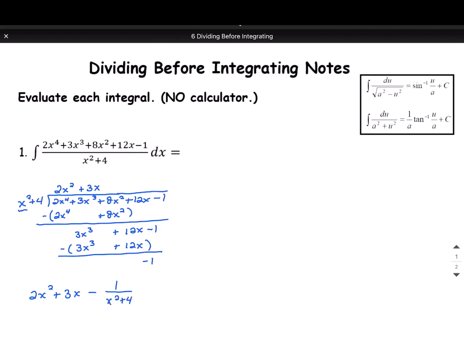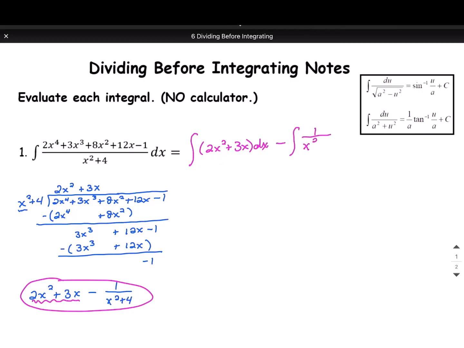Which means now I can take this and come back to my integral and rewrite it. And I'm going to break it up into two parts because I know we can take the integral of that very easily. So I'm going to do the integral of 2x squared plus 3x dx, minus the integral of 1 over x squared plus 4 dx.